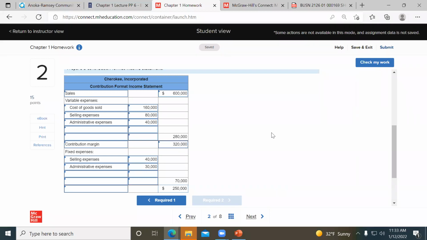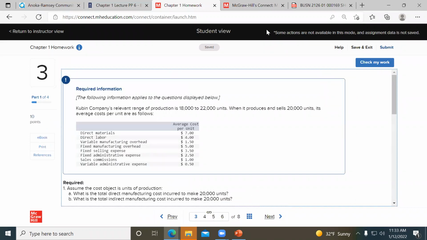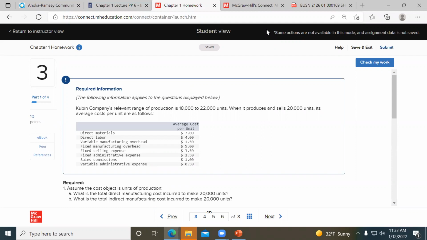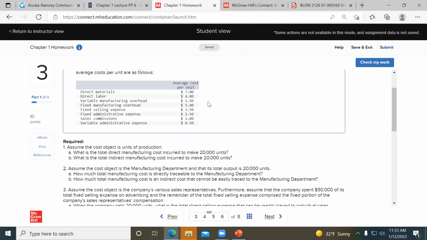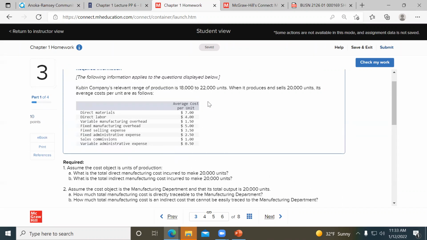So this next one. The company's relevant range of production is between 18,000 and 22,000 units. When it produces and sells 20,000 units, its average cost per unit are as follows. For the first one, assume the cost object is units of production.